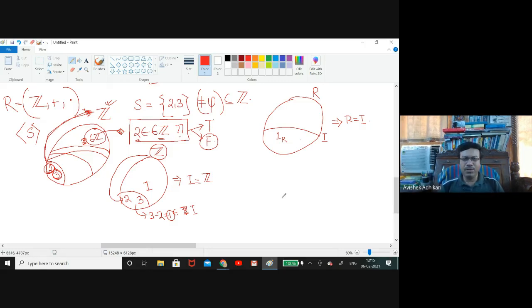Okay, now tell me what will happen for this set if I consider S to be, say, 2 and 4, or not 2 and 4, maybe say 4 and 6. Now tell me what should be this value.